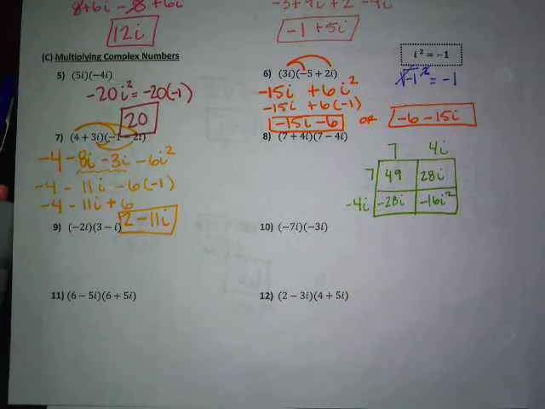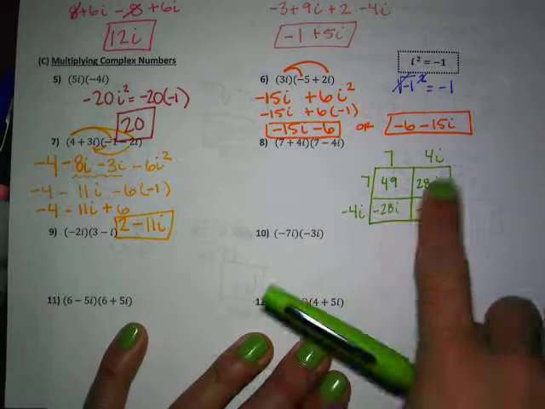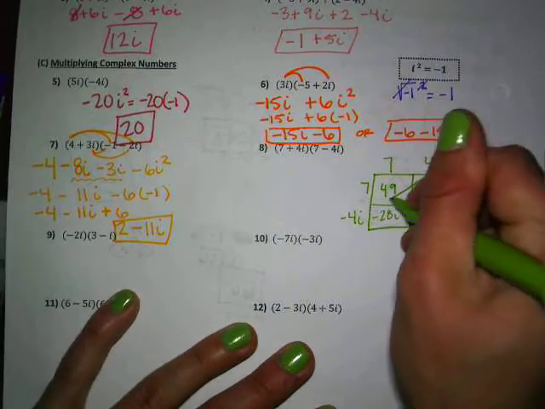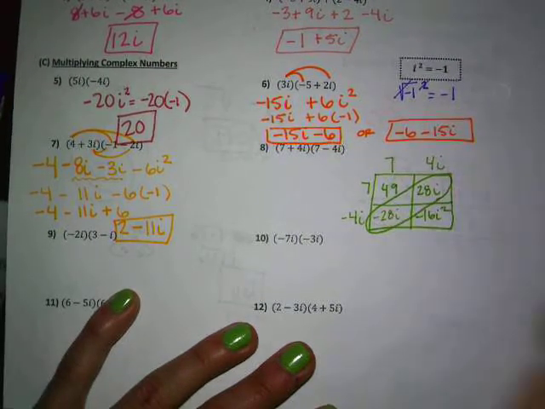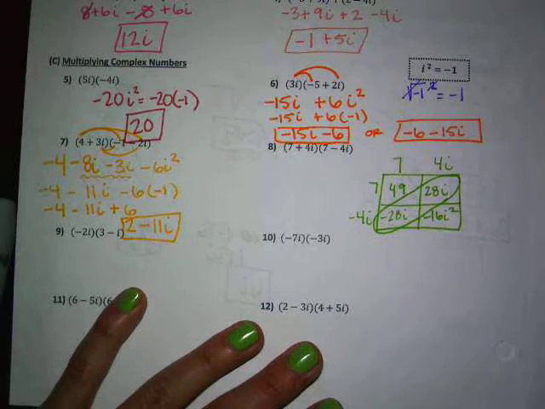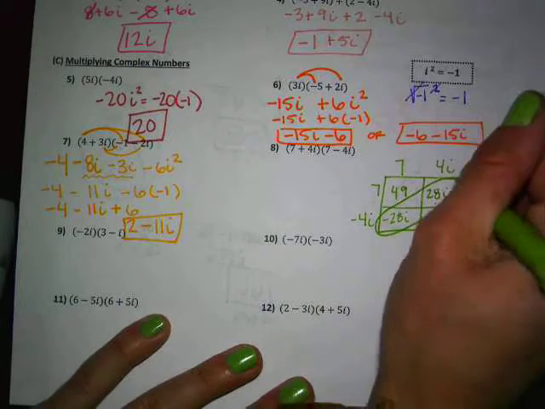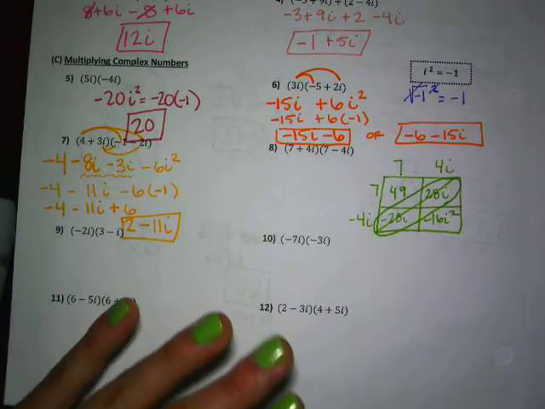Normally, these guys here will be able to be combined. So when you combine 28i minus 28i, what do you get? Zero, because they cancel. So 28 minus 28 is 0, and the i's not there either, because the whole thing just goes away.